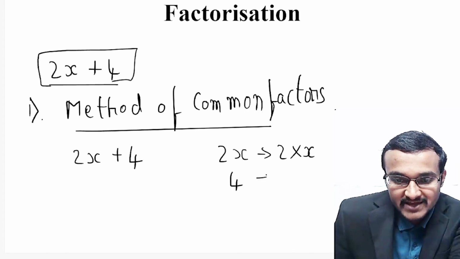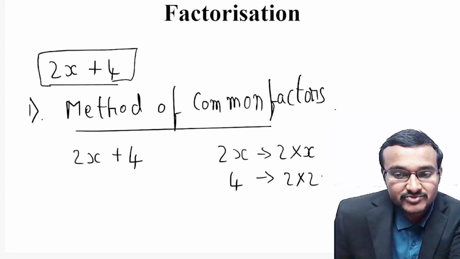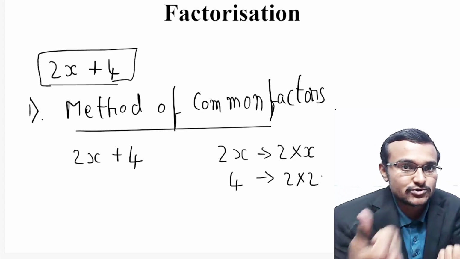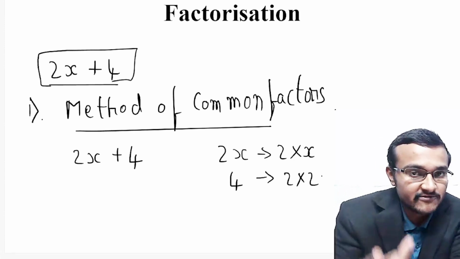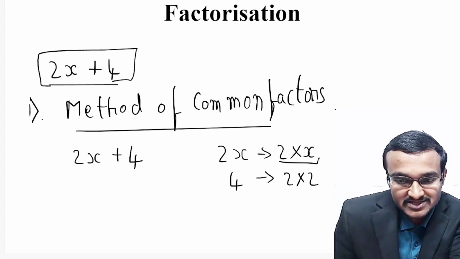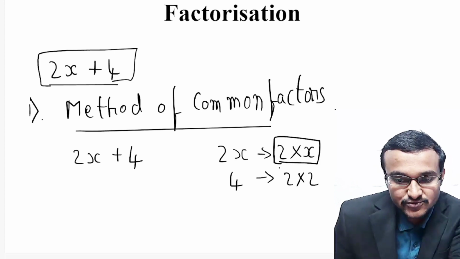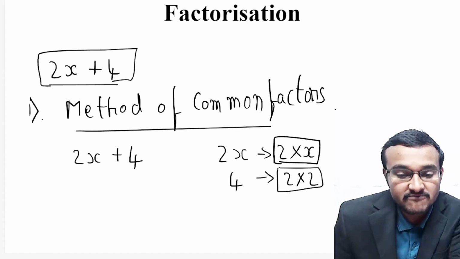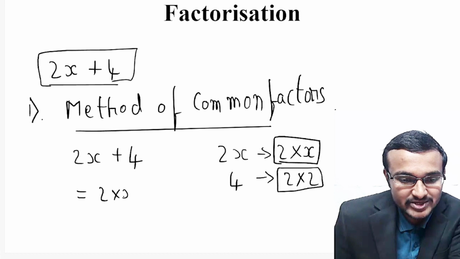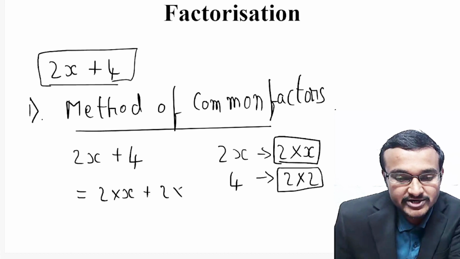In 4 we have 2 into 2, because if you take prime factors of 4, it will be 2 into 2. So 2 into 2 will give you 4, and 2 into x will give you 2x. You can substitute these values in the place of 2x and 4. So 2x plus 4 will be equal to 2 into x plus 2 into 2.